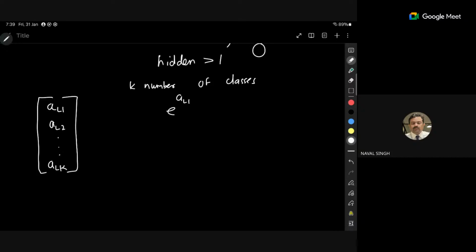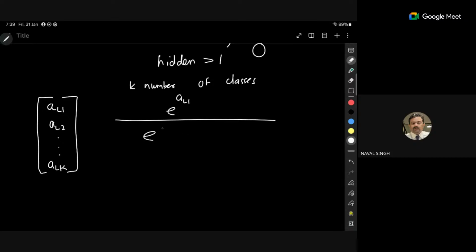The reason for using the exponential is we want positive, not negative values, because probability exists in the range 0 to 1. With the exponential curve, all the values will be more than zero.